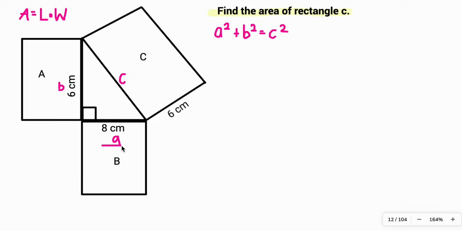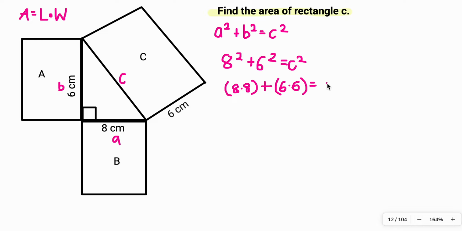So now what we have to do is just plug the numbers into the formula. We have 8 squared plus b, that is our 6 squared, and we have that equal c squared. And now we just break it up. We have 8 times 8 in parentheses plus 6 times 6 in parentheses, and that equals c squared.